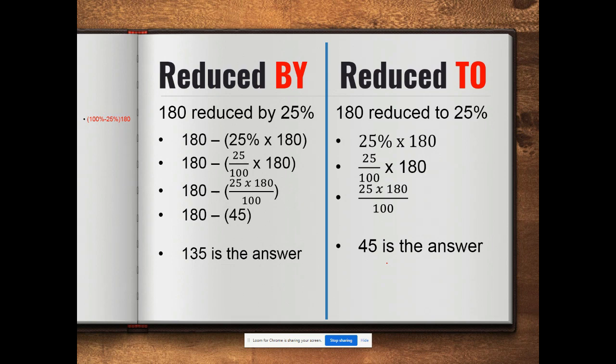So take a look at that. 100% minus 25% of 180. Now it will become 75%, into a fraction, times 180, because when you reduce it by 25%, it will just become 75%. Then simplify it. It will become 135. And they will have the same answer.